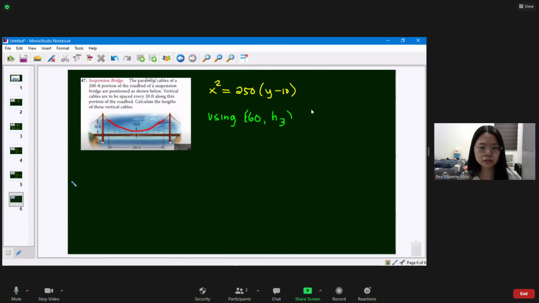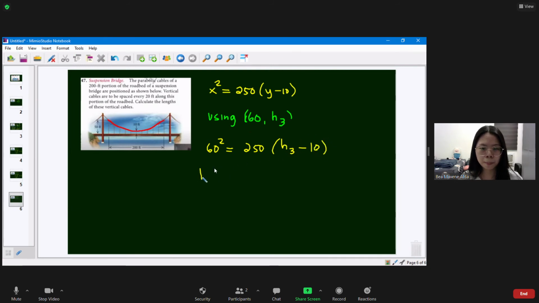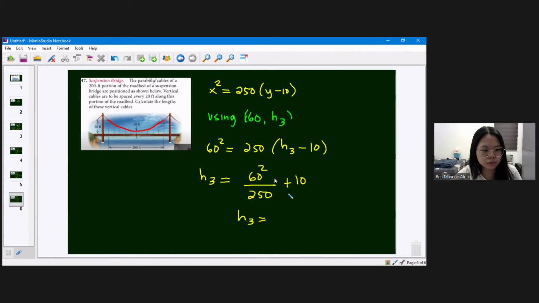Plug in ulit. Magiging 60 squared is equal to 250 times the quantity of y minus 10. Ayan. So, again, same thing as we did. Shortcut na lang kasi parehas lang naman ginawa natin. Ayun. So, again, calculator. Type ka dyan.